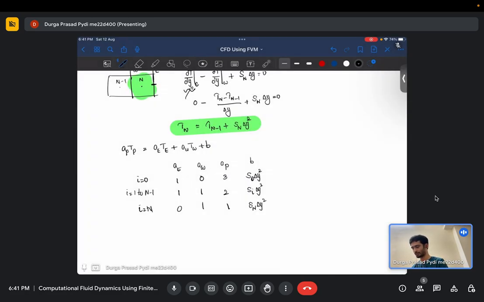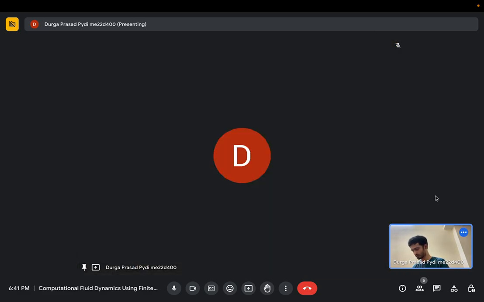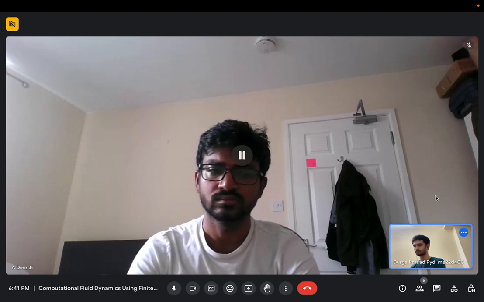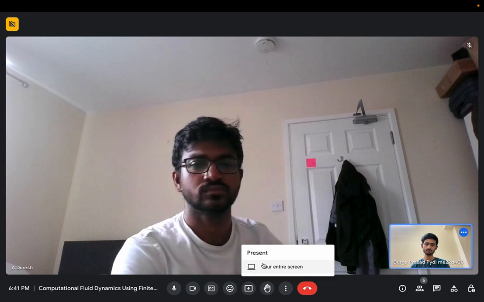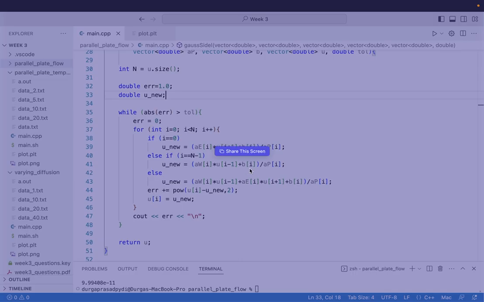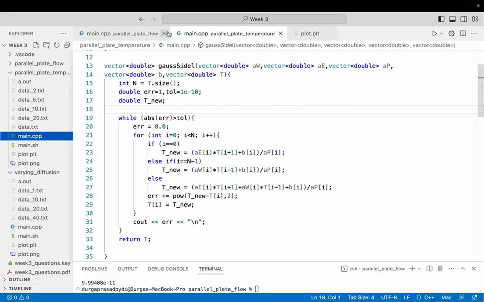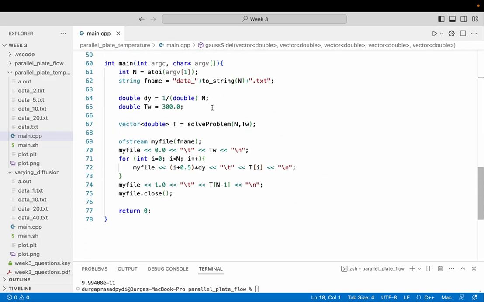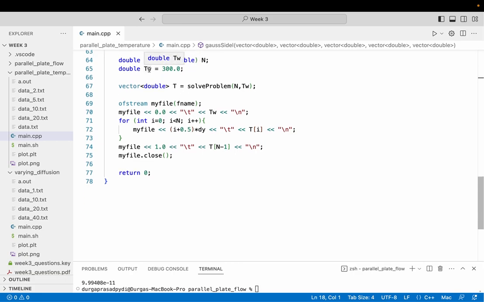Okay. So I've written the same code. You just have to make a few changes. The only change is that your initial condition is again given in terms of temperature.